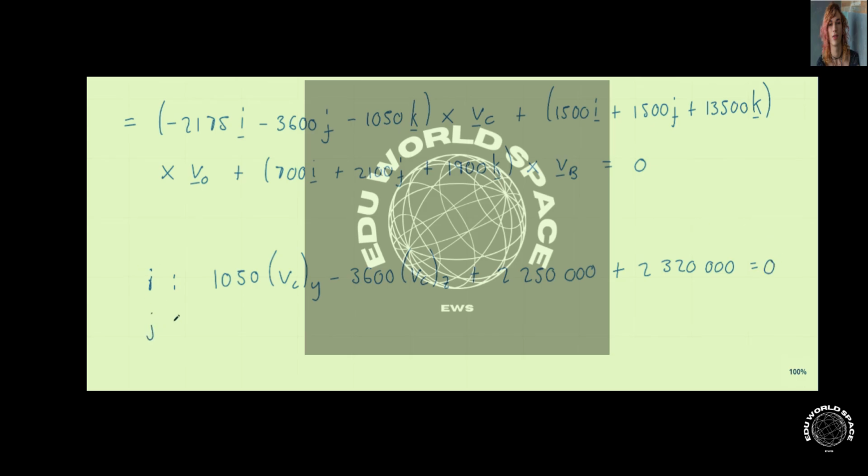Taking the J component of this vector, we get 2175 multiplied by the Z component of VC minus 1050 times the X component of VC minus 2,250,000 minus 520,000 is equal to 0.